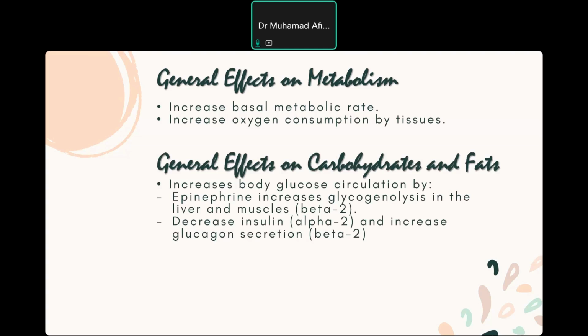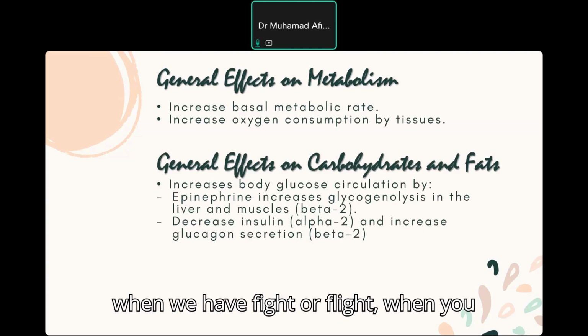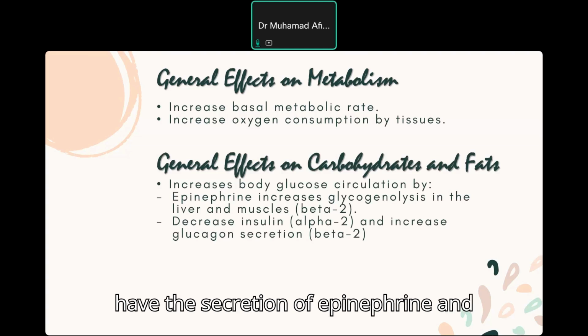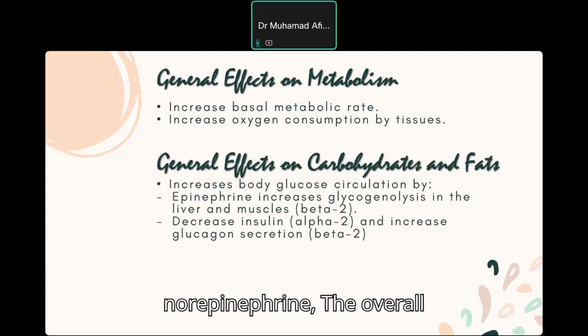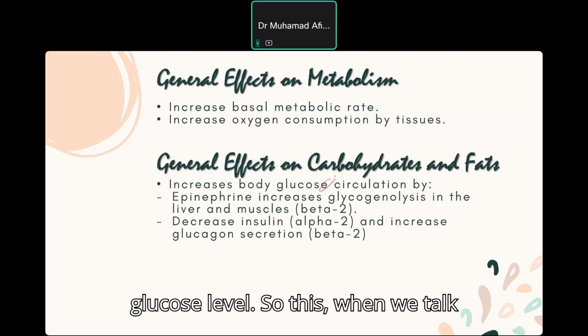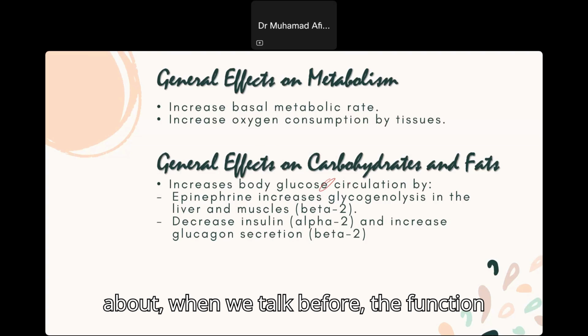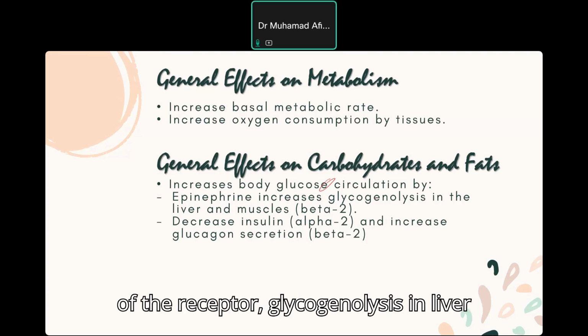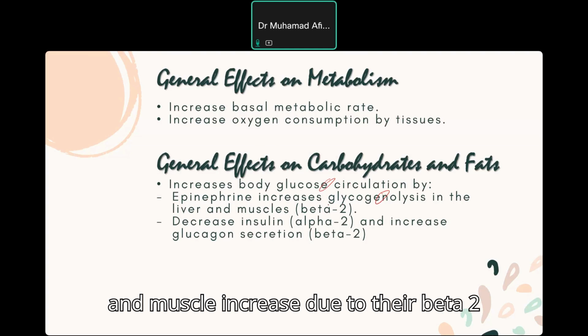So for the overall effect for glucose, when we have fight or flight, when we have secretion of epinephrine and norepinephrine, the overall effect is increased blood glucose level. We talked before about the function of the receptor: glycogenolysis in liver and muscle increases due to the beta-2 effect.